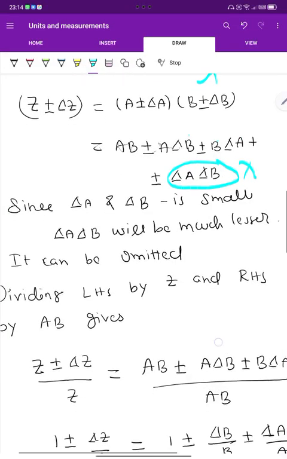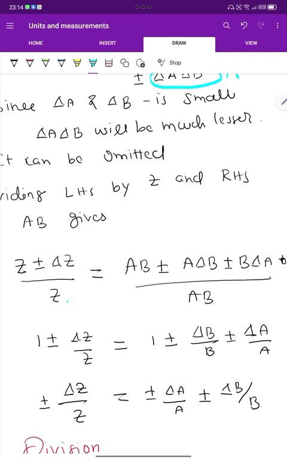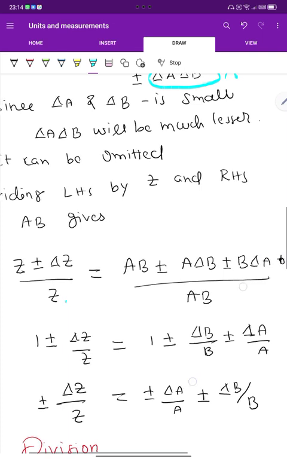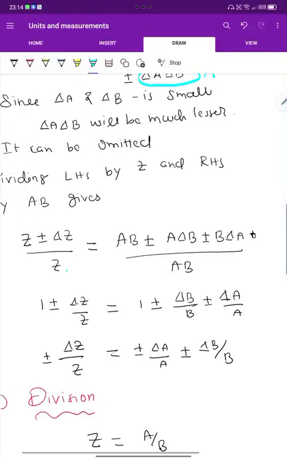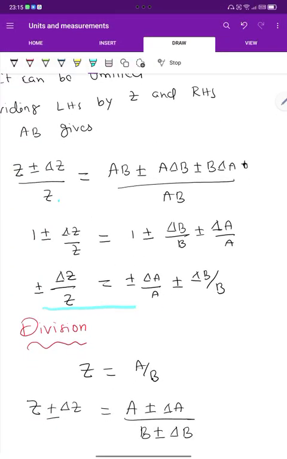Again, what I am doing is dividing the left hand side by Z and the right hand side by AB. Z is nothing but AB, so nothing will change. Here you can see when we divide Z by Z, we get 1, and on the right we get 1 plus or minus delta A by A and delta B by B. So this is the resultant relative error in the quantity Z, that is equal to the addition of the relative errors in the individual quantities.